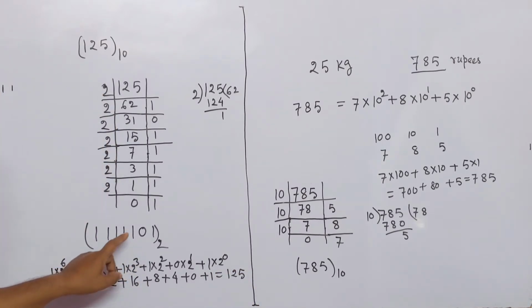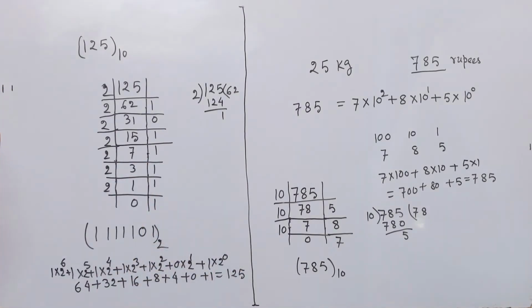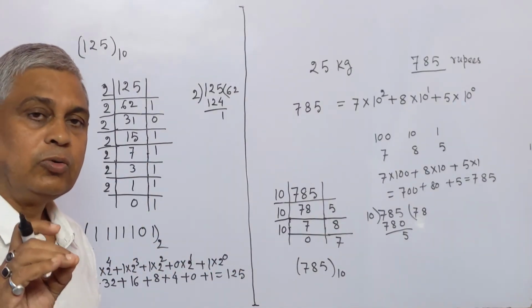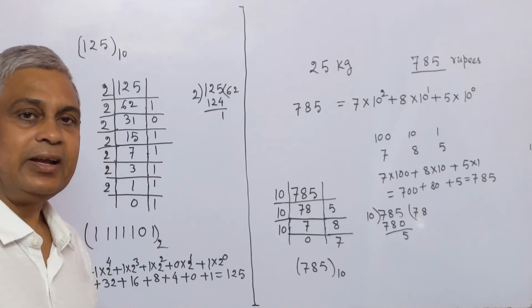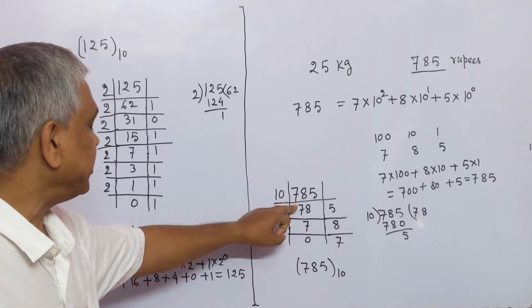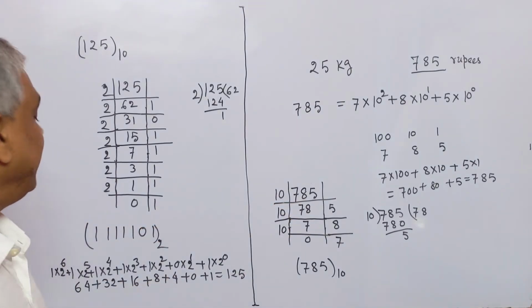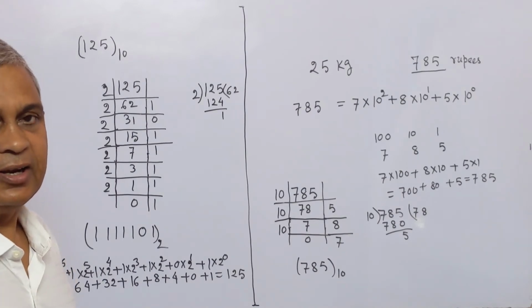Therefore, this number in binary system is equal to 125. Now, we have learned how the numbers in decimal system are constructed and how the numbers in binary system are constructed.